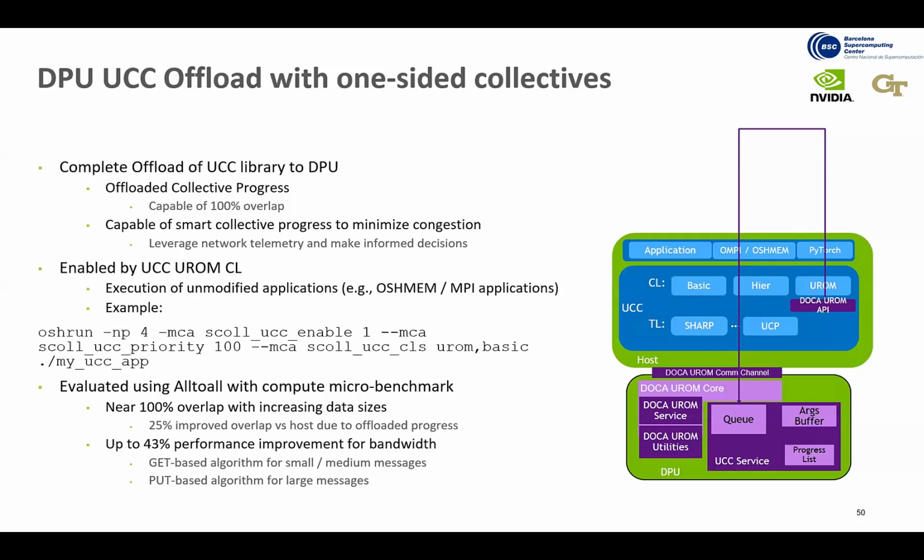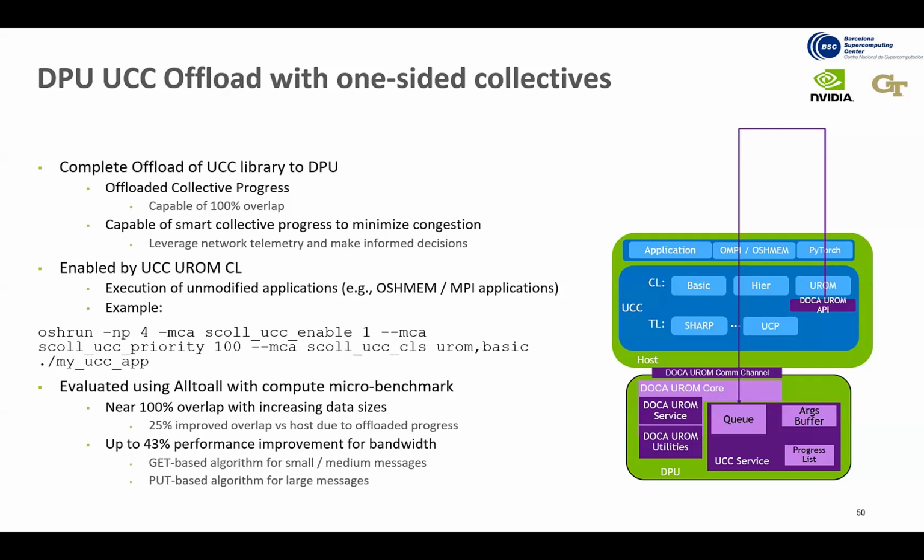So here it's actually a different thing from what the rest of the slides are. Here it's what happens if you want to offload the entire collective to the DPU. The entire collective will be initialized, executed, and terminated on the DPU. It means that all the data required for the collective is pushed to the DPU first. The collective is executed, and at the end we ensure the data is copied back to the correct buffer on the host.